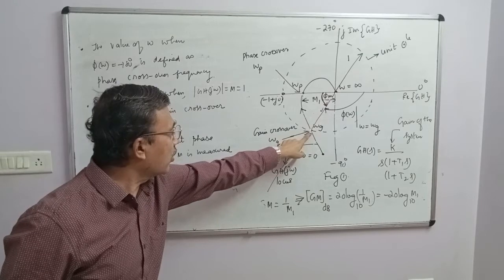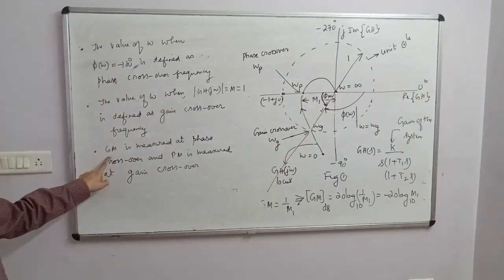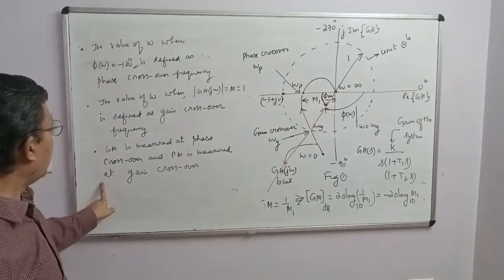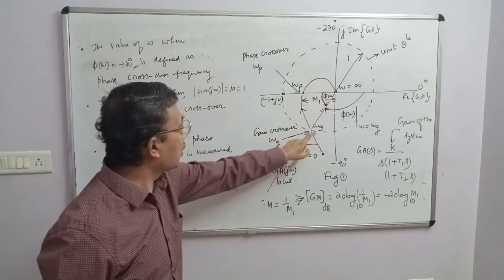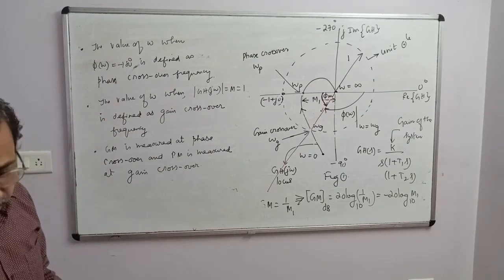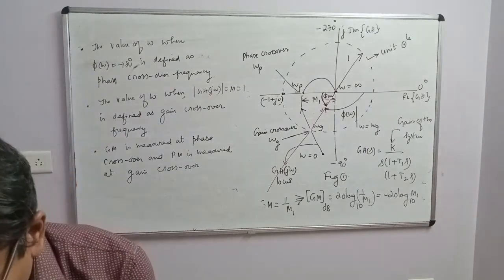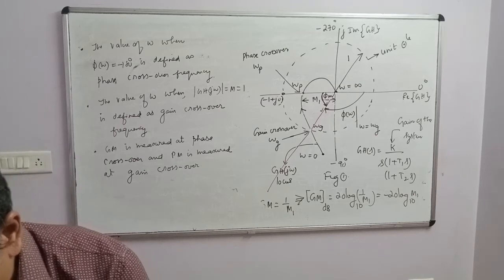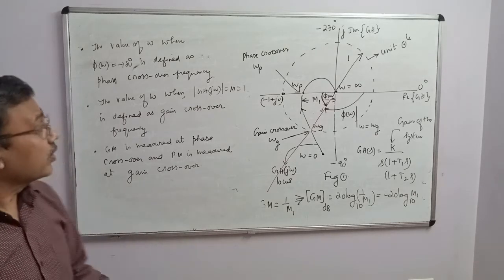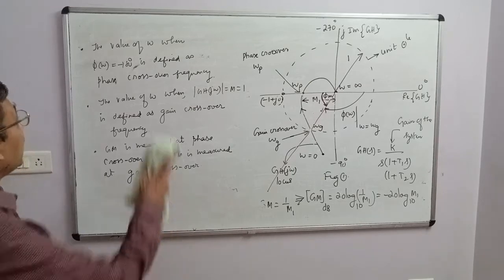Omega g is called the gain crossover frequency. GM is measured at phase crossover and PM is measured at gain crossover. These are the salient features of gain margin and phase margin. Now I shall do a simple problem to understand the calculation of GM and PM.